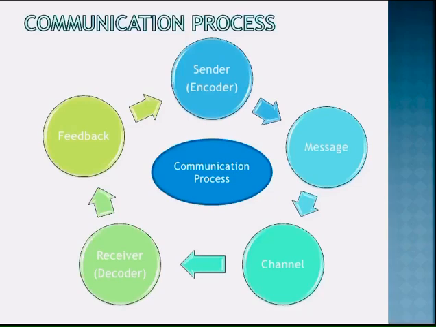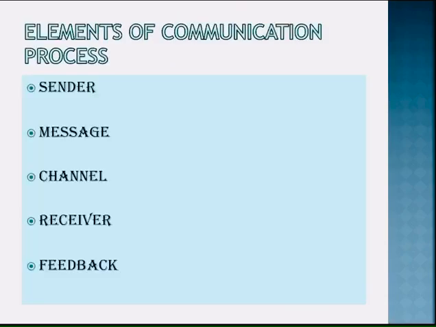And receiver is also known as decoder. And then the receiver, after receiving the message, will reply back to the sender, and that is the other element of communication, which is called feedback. So all these elements are integral to the communication process.